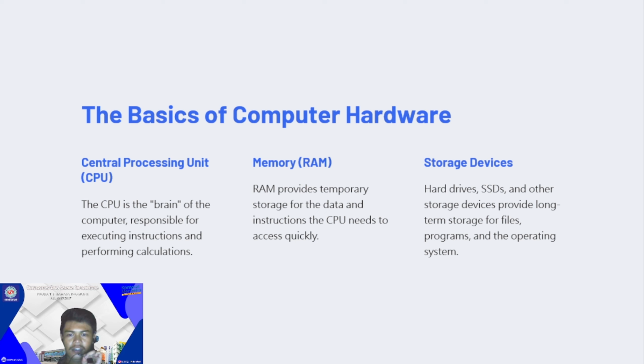The first is the CPU, or central processing unit, which is the brain of the computer. This is the part that will process the programs inside the computer, and there is RAM, memory. This RAM stores temporary data when the computer is active.